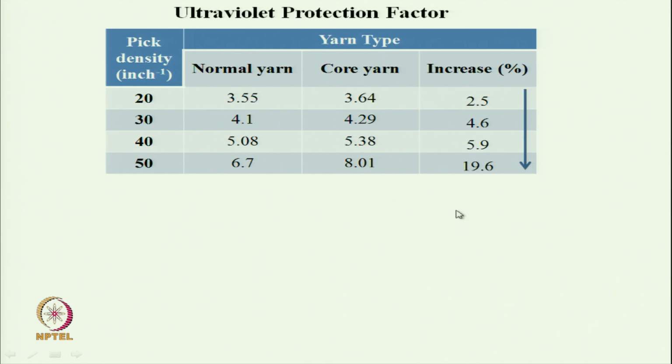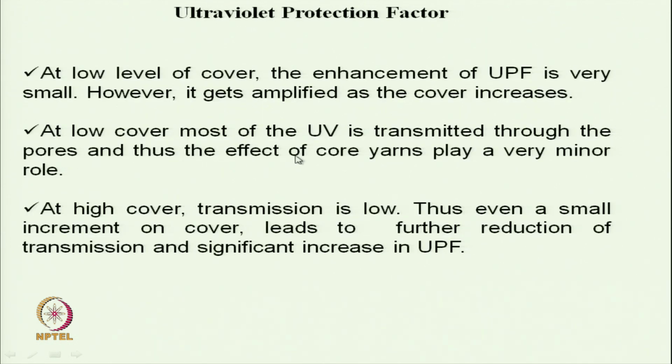At low cover, most of the UV is transmitted through the pores, and thus the effect of core yarn plays a very minor role. At high cover, transmission is low, thus even a small increment of cover leads to further reduction in transmission and a significant increase in UPF.